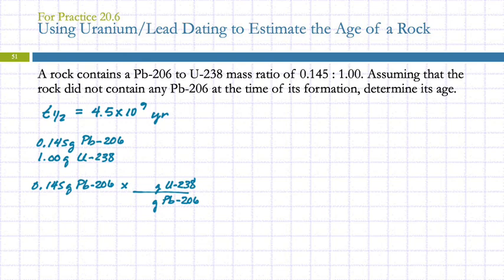We want the mass of this particular one, which is its mass number. So we're going to have 238 grams of uranium-238 for every 206 grams of lead-206.